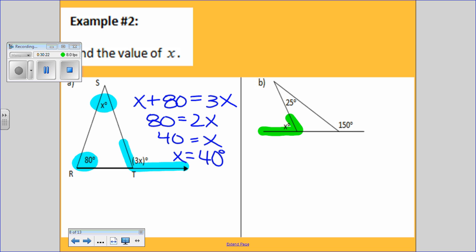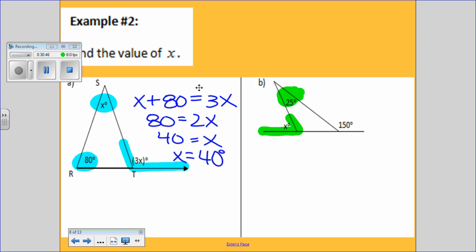Now I know this doesn't have letters, just tell me by measure if you can. Say it. Measure 25 degrees, that's going to be one. And what's the other one?